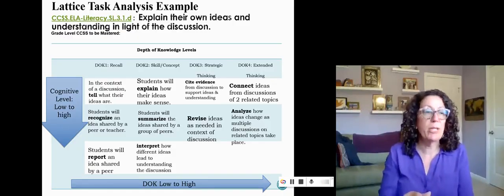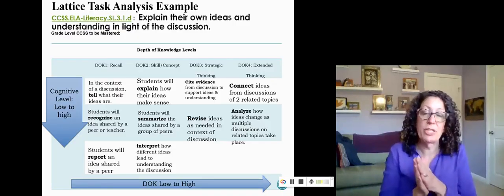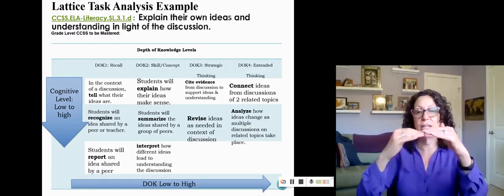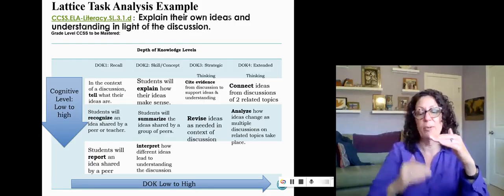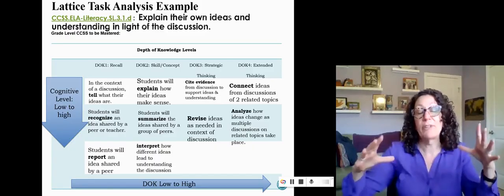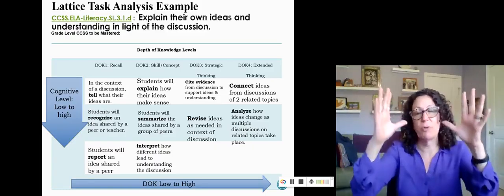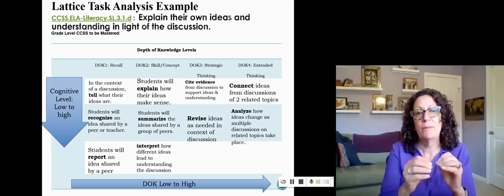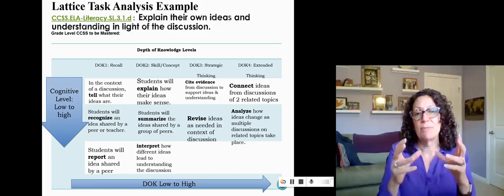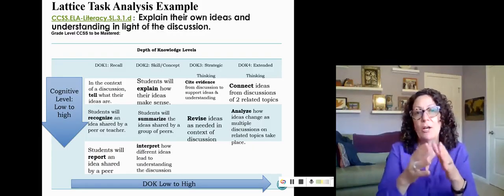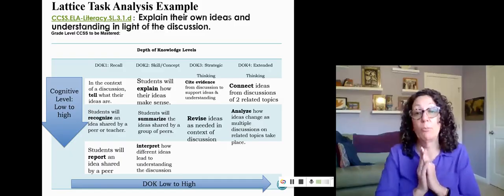So again, when we look at this particular chart, we call it a lattice task analysis because it's not just a straight line of skill, skill, skill, and then we build. This is actually kind of like a trellis, a lattice that the plant can grow up, and it's showing you, what is this, like 11 different ways, 10 different ways that we can help the child get to this final point.